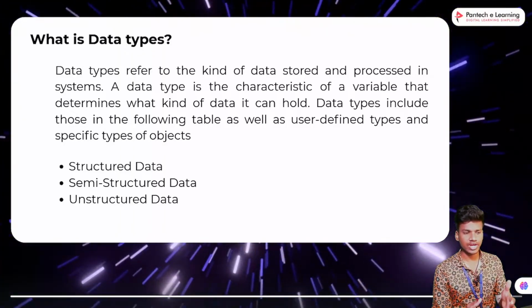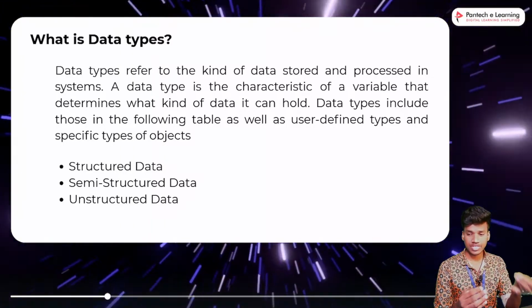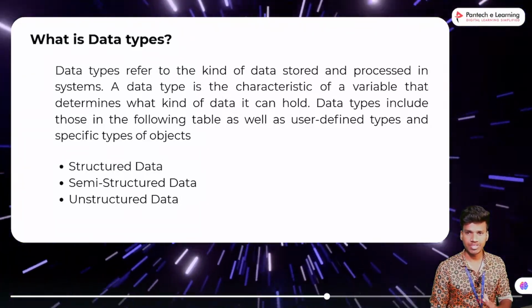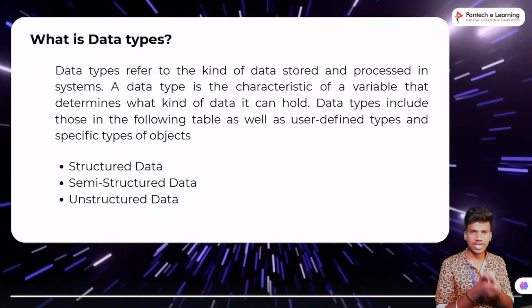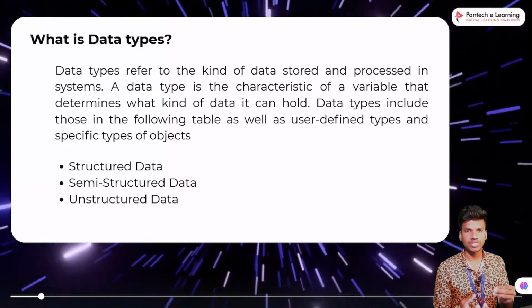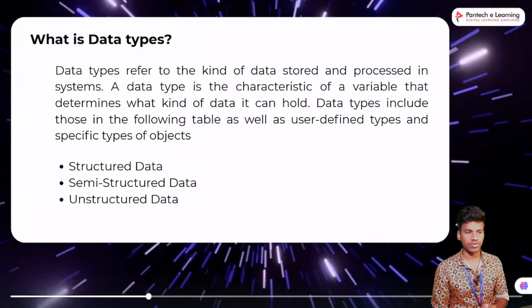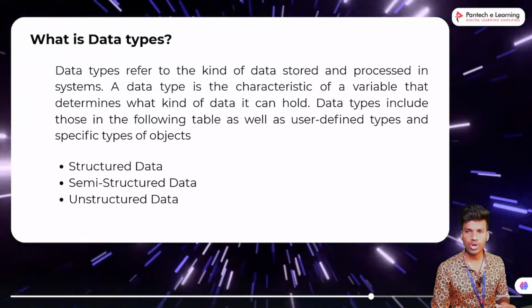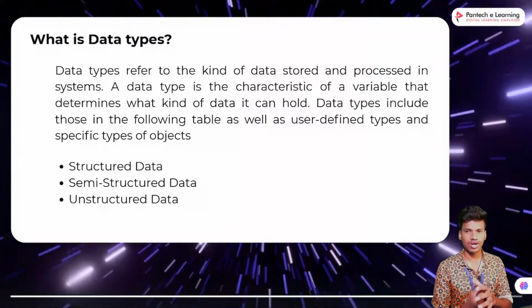Generically, in the business intelligence concept, data types differ as structured, semi-structured, and unstructured. These three are important for data types in business intelligence. Data type refers to the kind of data stored and processed in the system.